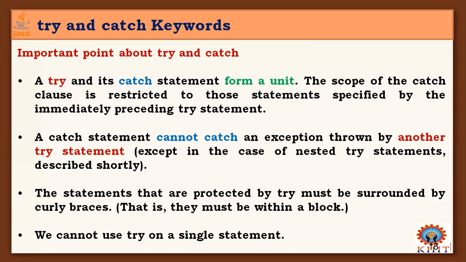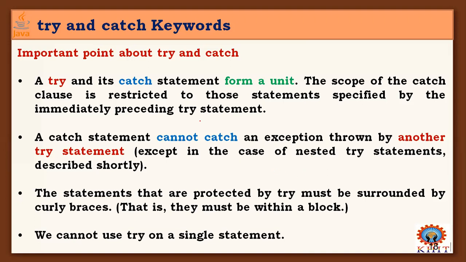A catch statement cannot catch an exception thrown by another try statement. You may have another try statement in your program, but when you use the try block as the first block and after that have the catch block, it only handles the exceptions generated by the preceding try block.